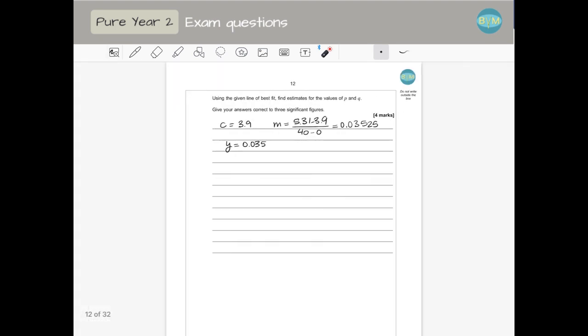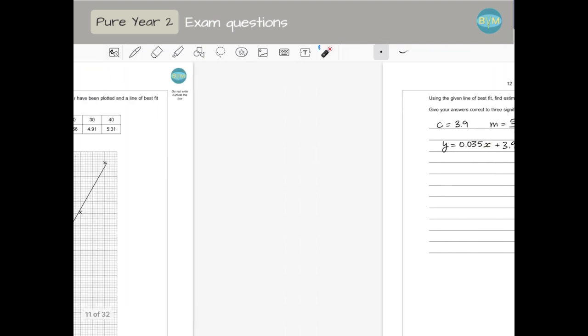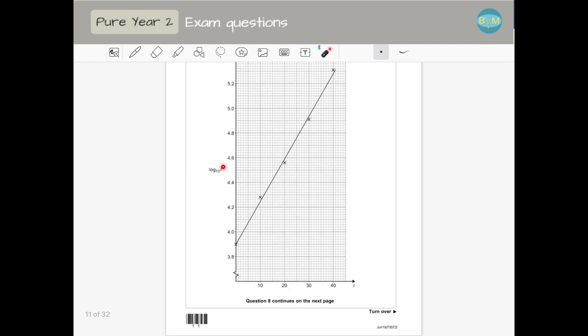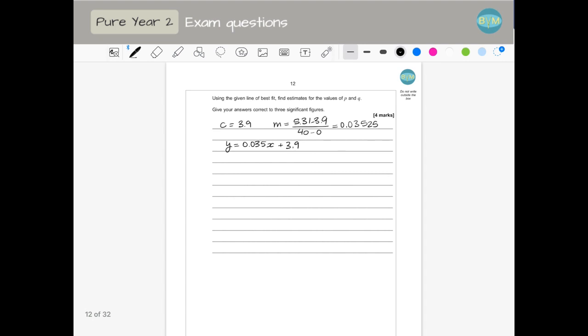So we can use this value: gradient times x plus y-intercept. Instead of x and y, we are going to use the actual x and y. So y is my log V and x is my T. So I'm going to write the line as log to the base 10 of V is 0.035 T plus 3.9.